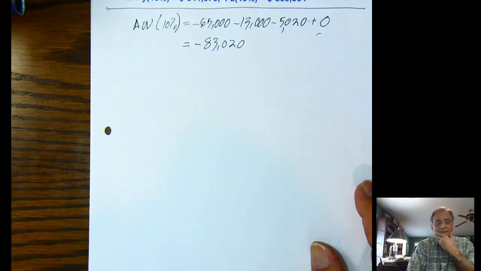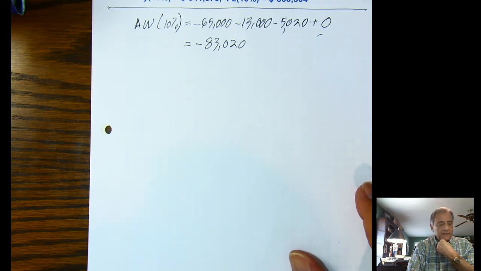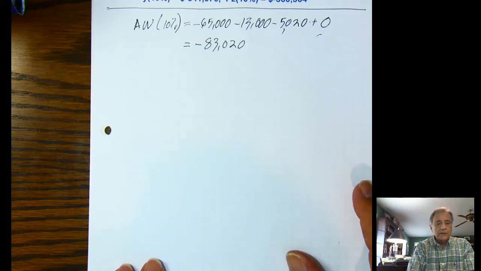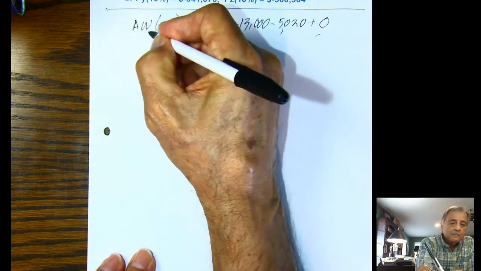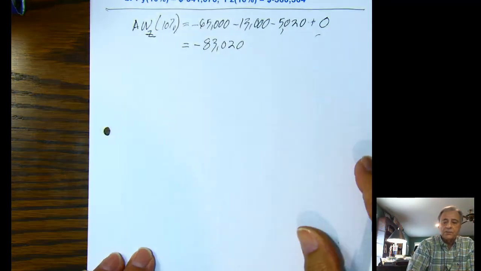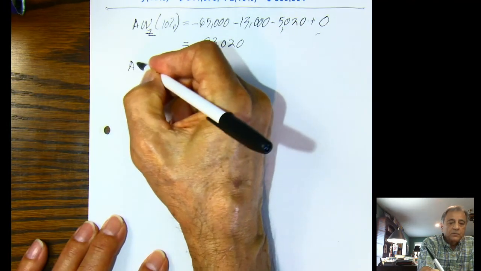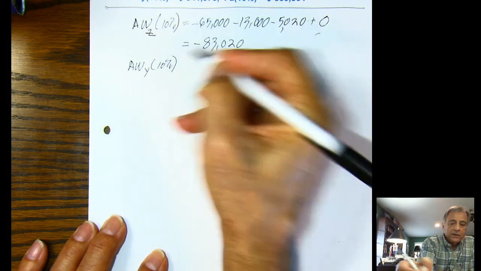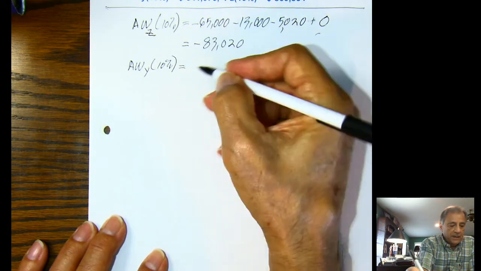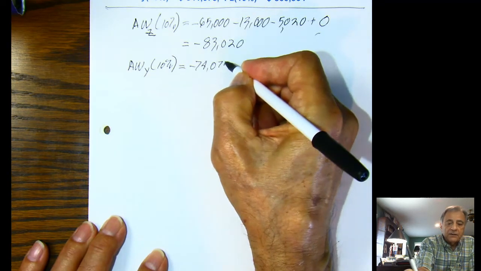The author says to find this annual worth. This is the annual worth of Z. So let's recap this for a minute. The annual worth of Y at 10% we computed to be minus $74,075.